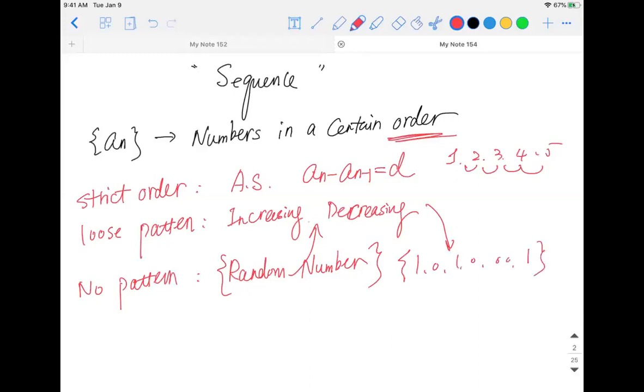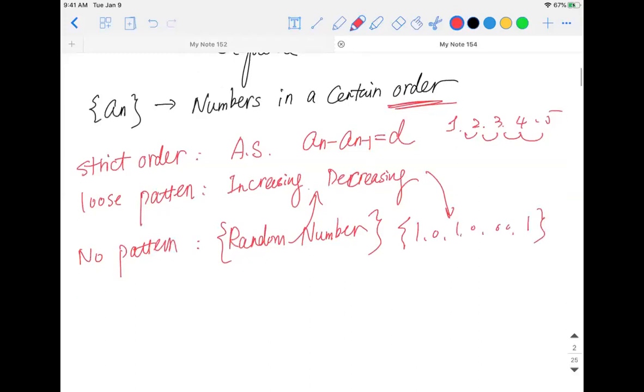Or I can even have the same element. As long as all the elements in the sequence are the same, we call this a constant sequence. So the order of a sequence is very flexible. You can use whatever you think is valuable or applicable for the sequence definition. Okay, that's the definition of a sequence.